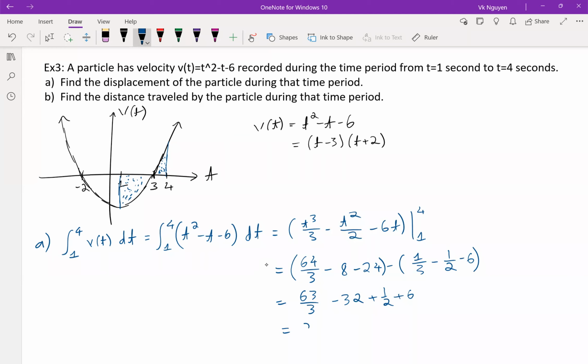So we have 21 minus 32 plus 6, that would be 27 minus 32, negative 5, plus 1 over 2, and that gives us negative 9 over 2. Wow.